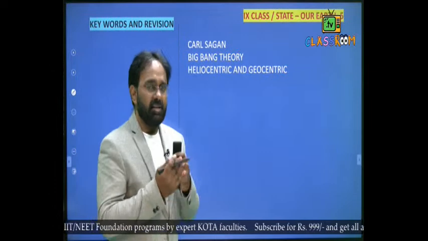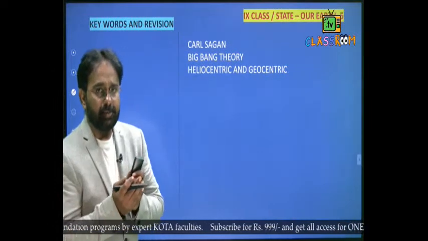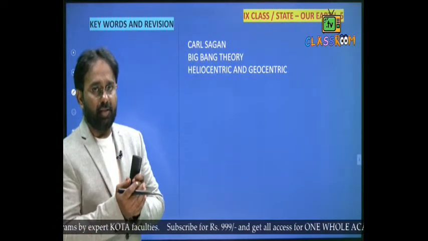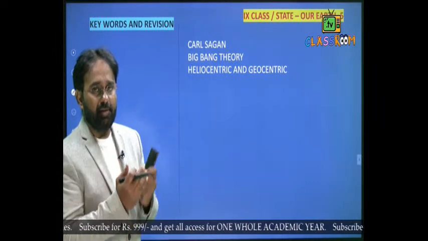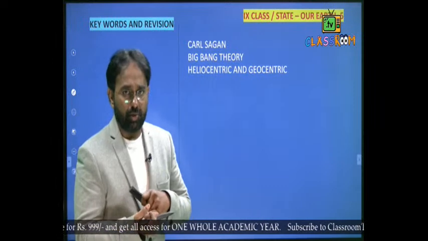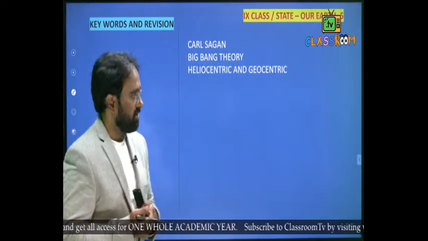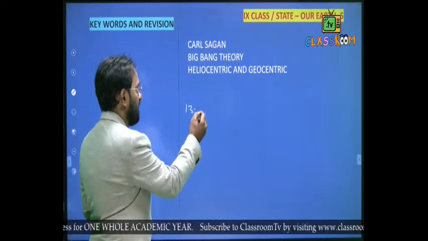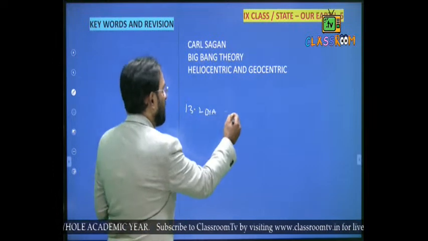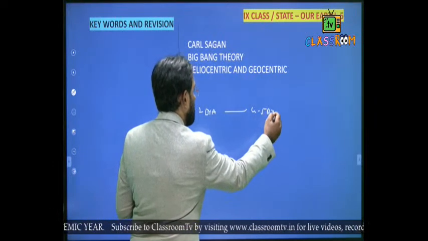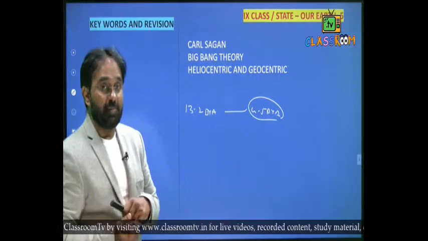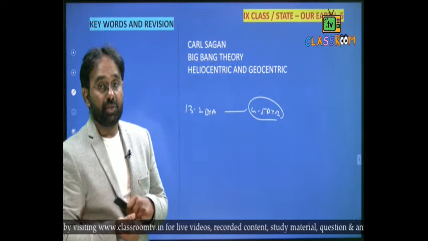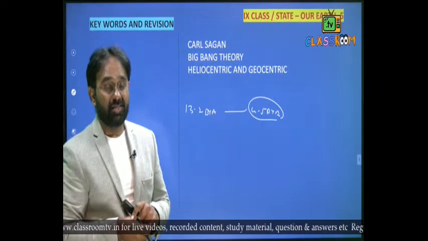Initially when the universe was formed, there was no life, as you know. By the time 4.5 billion years ago, also there was no life. That means from 3.7 billion years ago to 4.5 billion years ago, there was no life. No life means there was no conducive atmosphere, that means there was no oxygen.